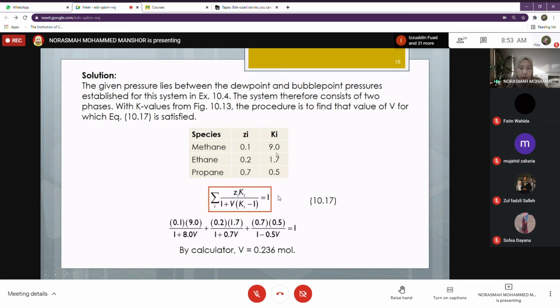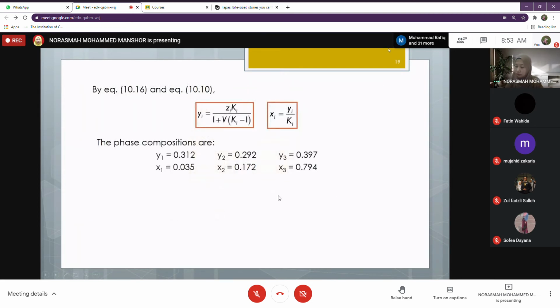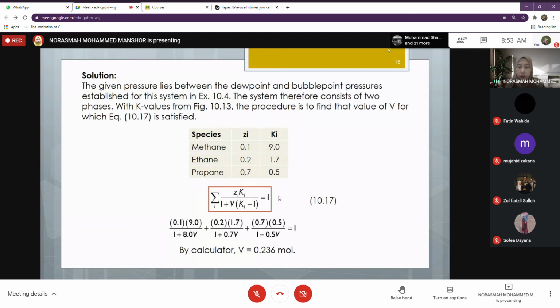Okay, methane should be 9, ethane 1.7 and propane 0.5. Okay, dapat tak? After you get the K for each species, you substitute into equation 10.17. Okay, you solve for V. Okay, use your calculator.